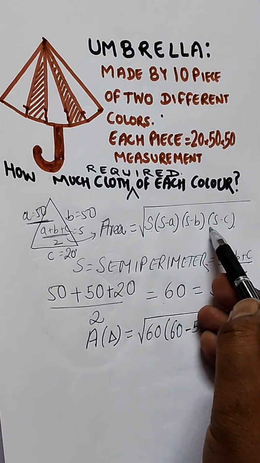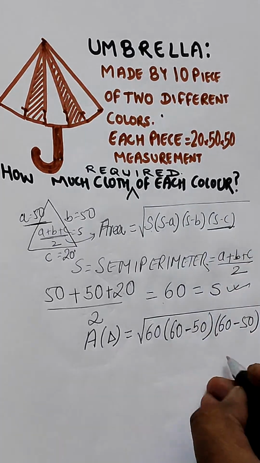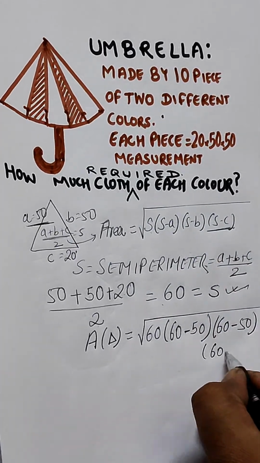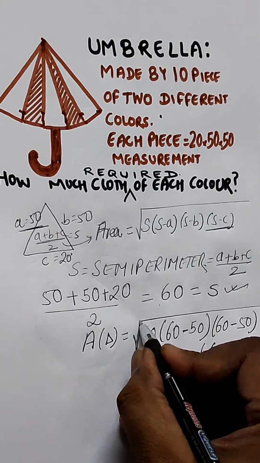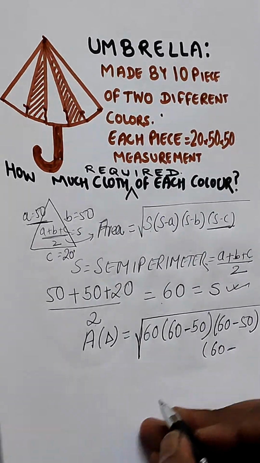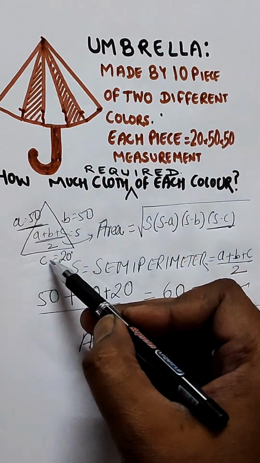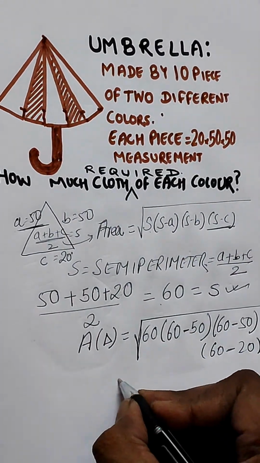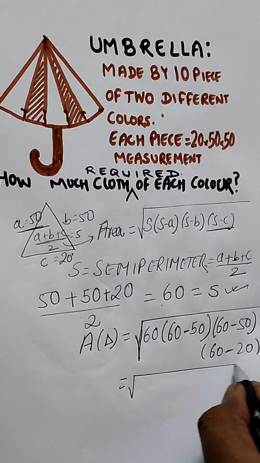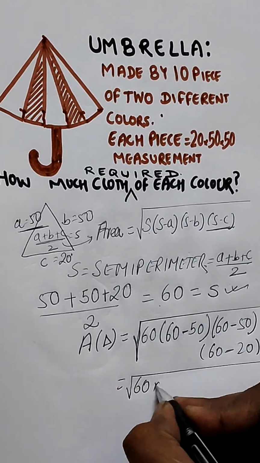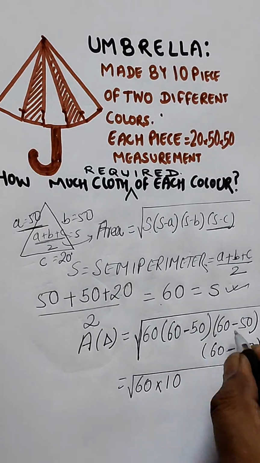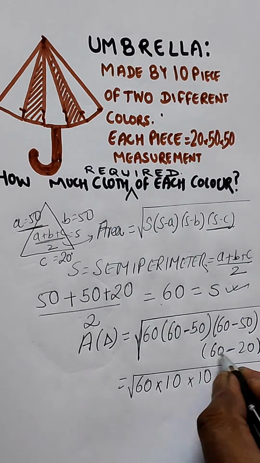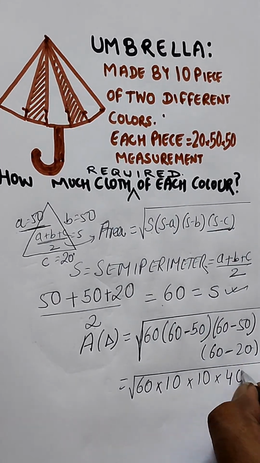And the third term is S minus C, so 60 minus the third side, which is 20. So this will give you root over of 60 into 10, then again 10, then again 40, right?